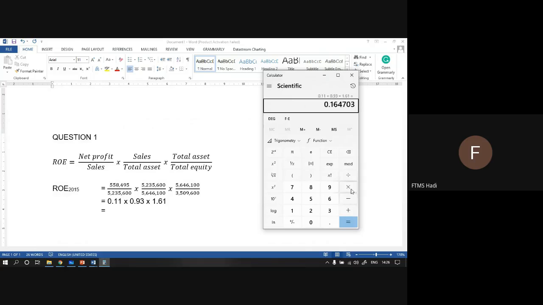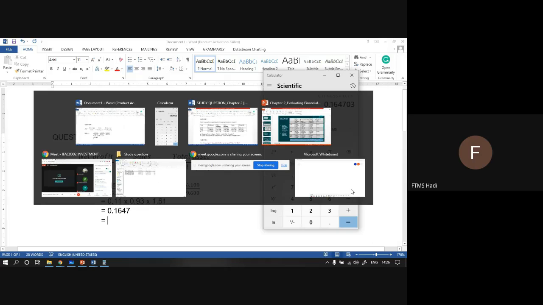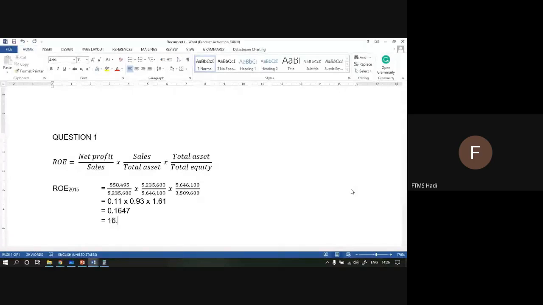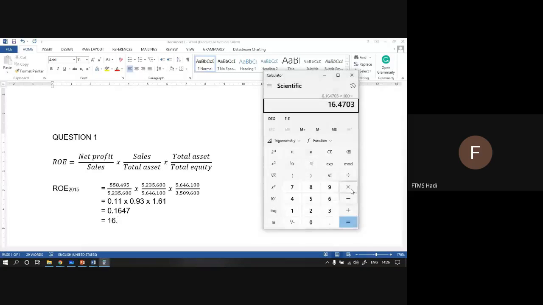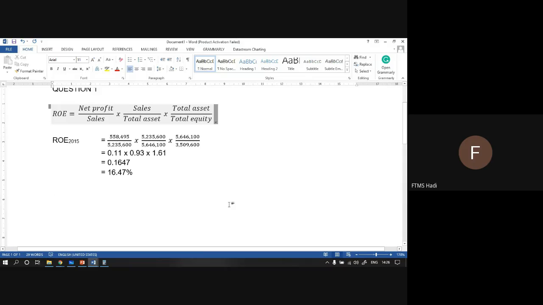You can get this one, 0.164, 0.1674. And then don't forget to multiply by 100. Multiply by 100, so you can get 16.74%.